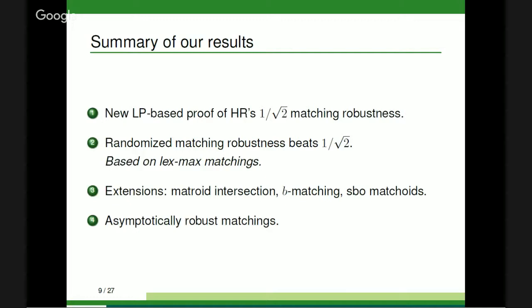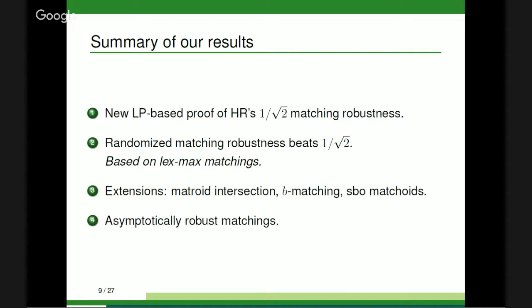Another thing that we did is that we extended the notion of matching robustness to a random one, a distribution over matchings, and I'm going to talk about that next. Essentially we proved that if Alice is allowed to randomize, then she can beat 1 over square root of 2. So she can get more profit.